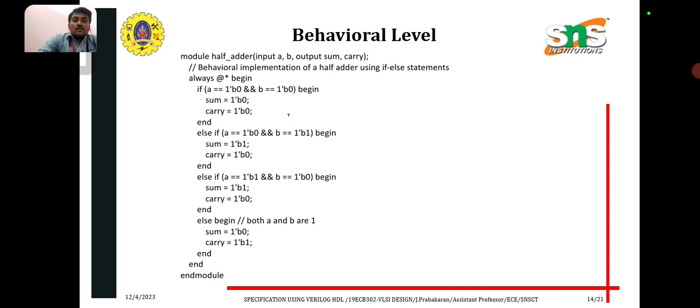The if-else statements capture the logic relationship between input and output. Each condition corresponds to a specific combination of input values, and the output sum and carry are set accordingly.